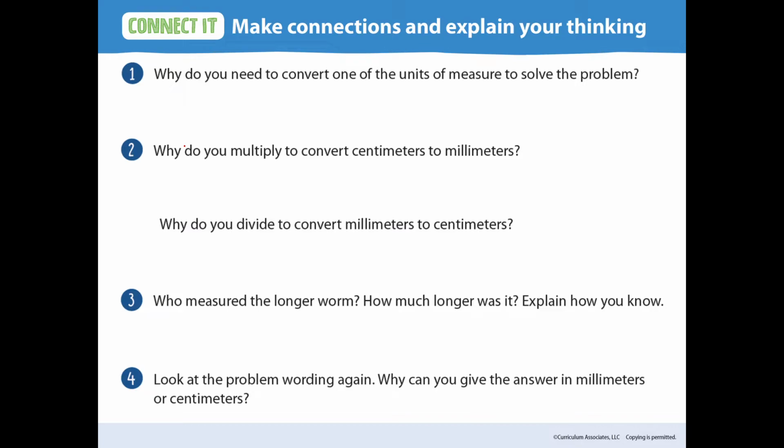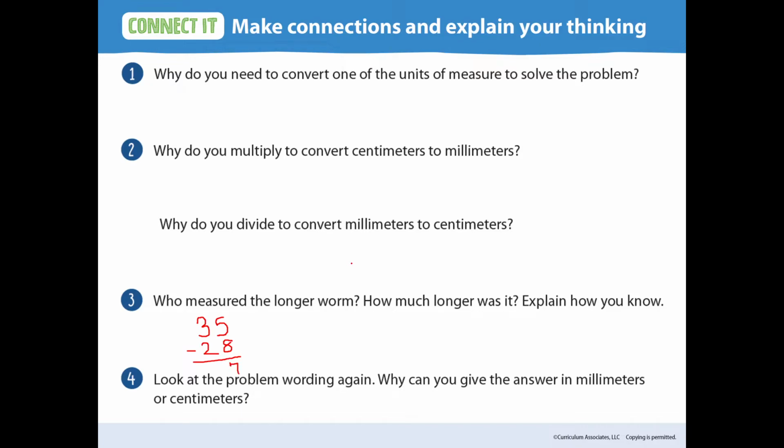Number 3, who measured the longer worm? How much longer was it? Explain how you know. So we did find out that Heather's worm was the longer worm, and let's use the millimeter difference. If hers was 35 millimeters and Diego's was 28 millimeters, then when we subtract, the difference between those is 7 millimeters.